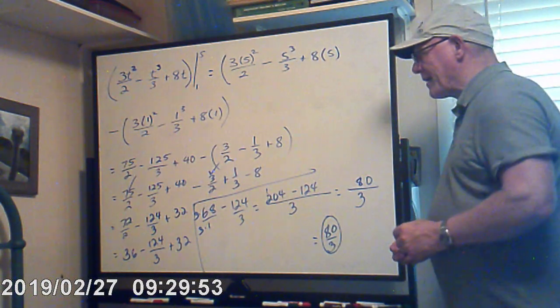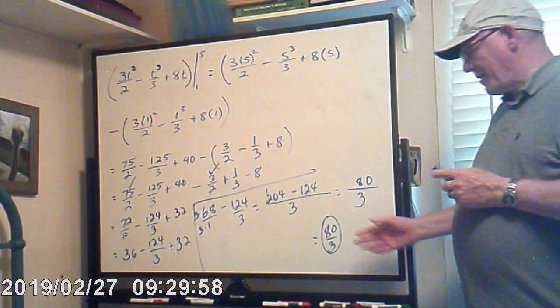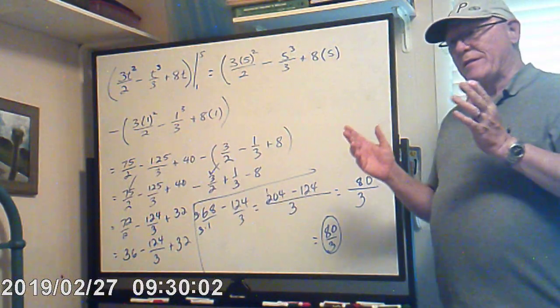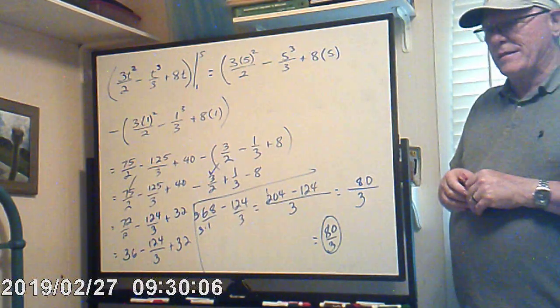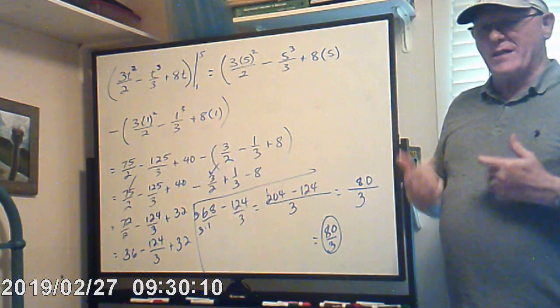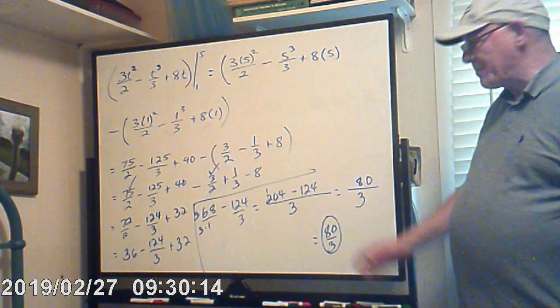And that is correct. Now, what units would we put here, by the way? We started off with acceleration, which is feet per second squared. Velocity would be feet per second. What would this be?